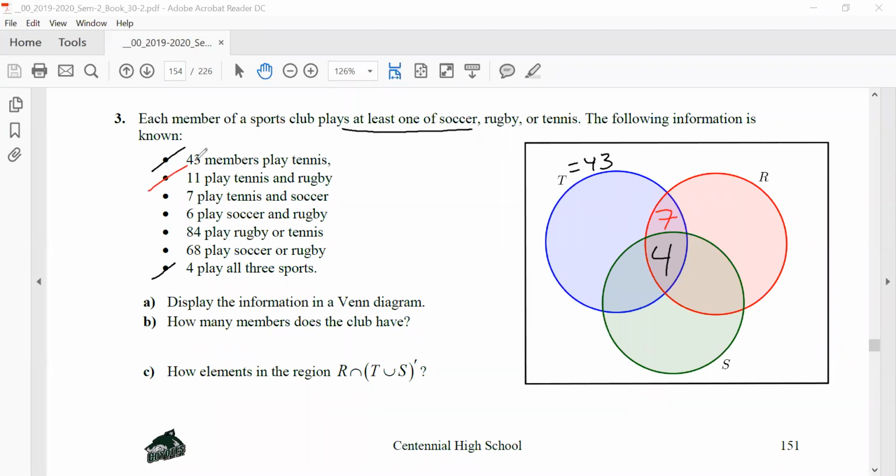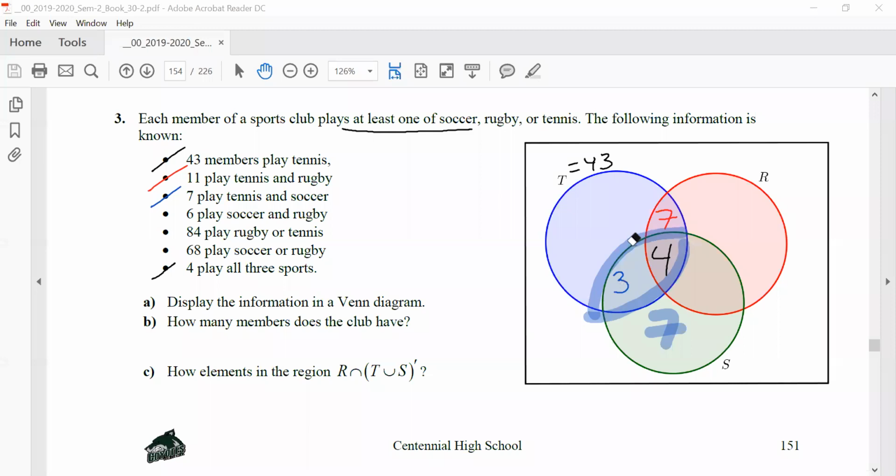Let's keep going. 7 play tennis and soccer. Tennis and soccer, right there. Well, that says there's 7 people that do that. So what that means then is 7 minus 4 is 3. There's 3 people that play tennis and soccer only.